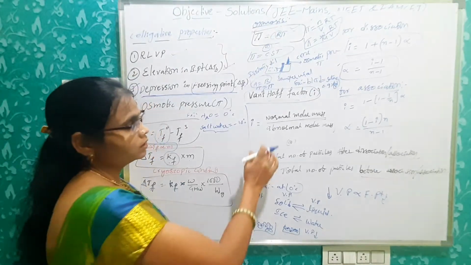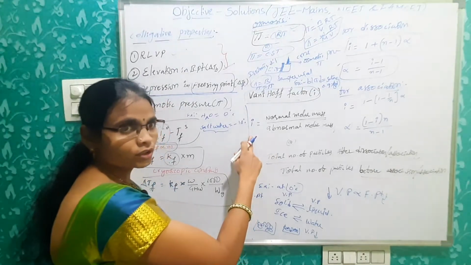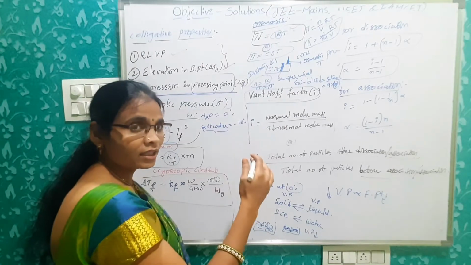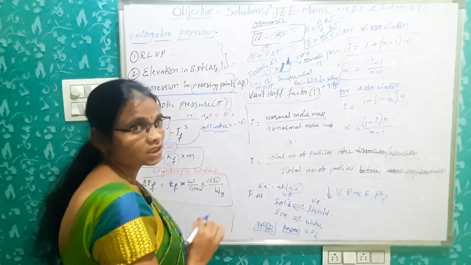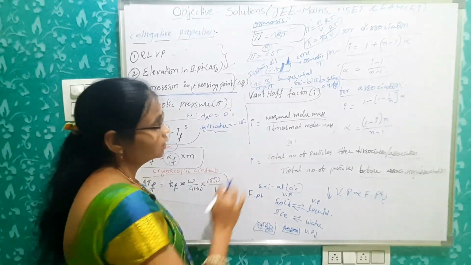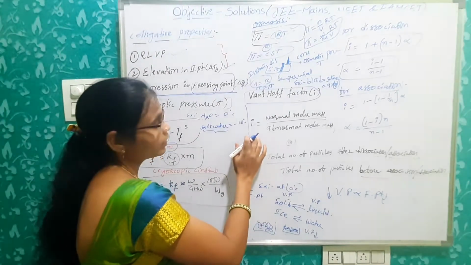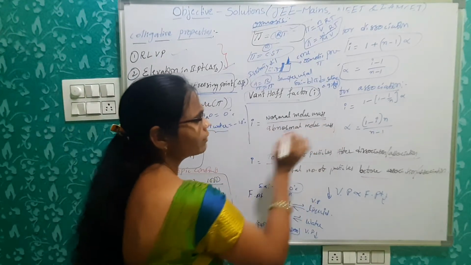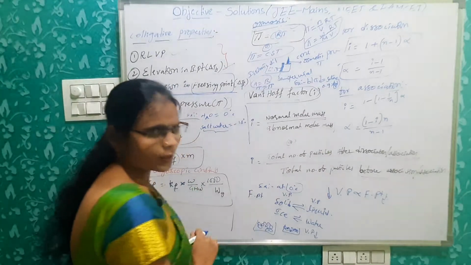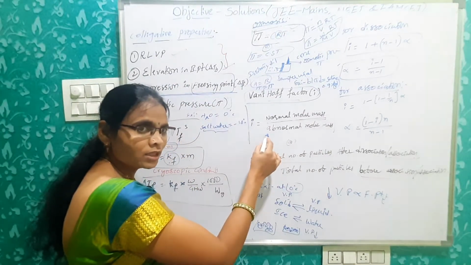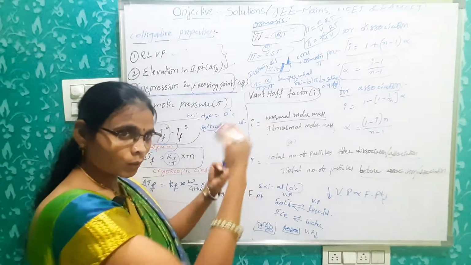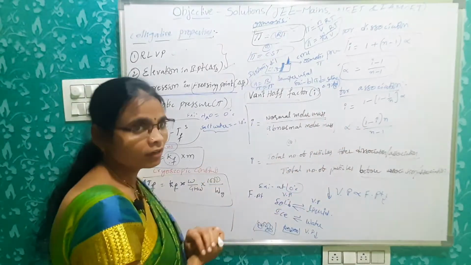So the i factor is introduced to determine the extent of dissociation or association of solute in solutions. The i factor is calculated as normal molar mass by abnormal molar mass. Abnormal molar mass means the molar mass may be lower or higher than the expected value.